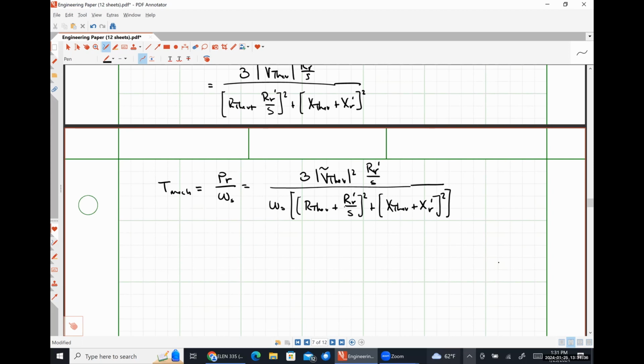So now let's talk about what the torque looks like when our motor starts. When our motor starts, our rotor is literally not moving.